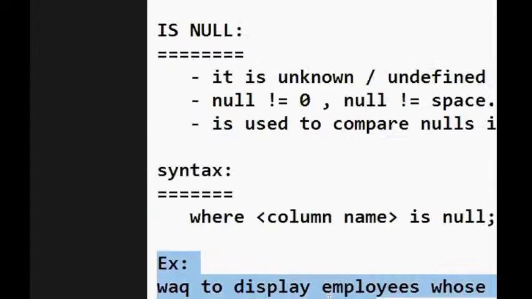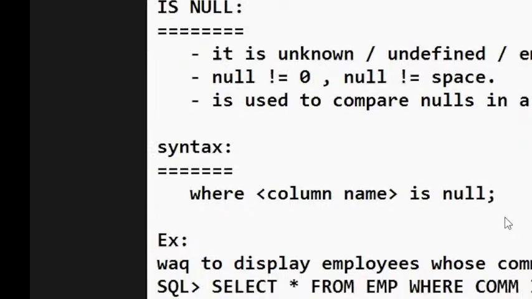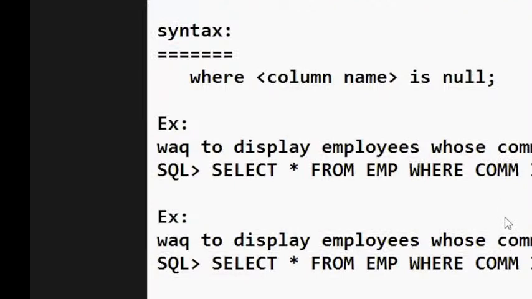In the same pattern, you can understand 0 equal to null or not equal to null. Suppose, whose commission is not null.